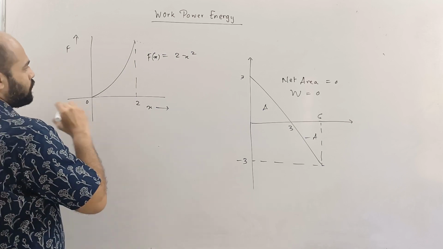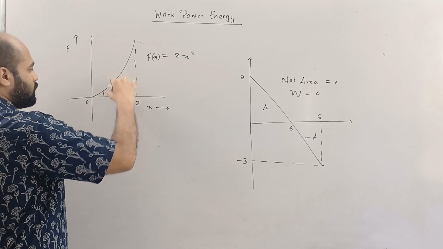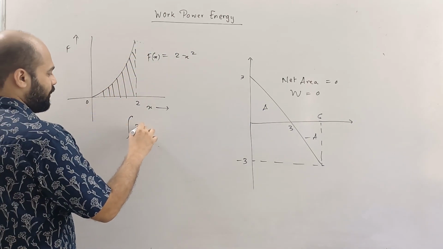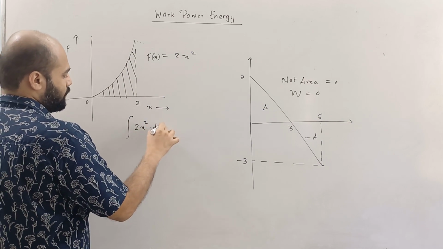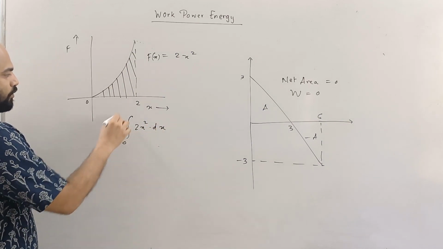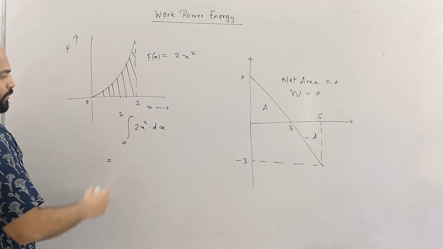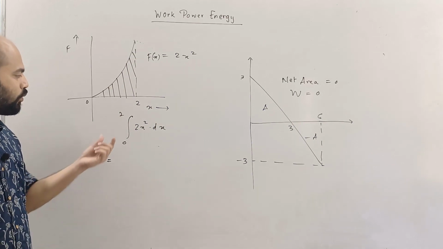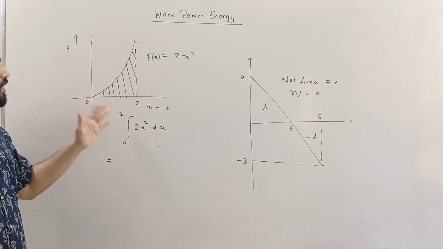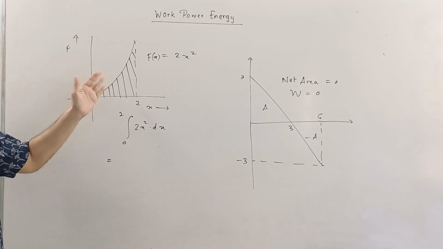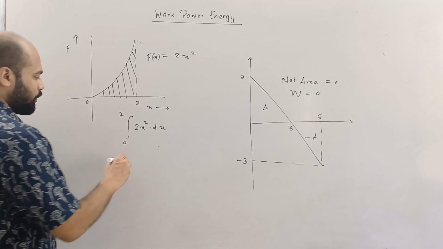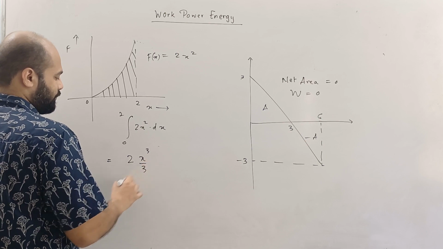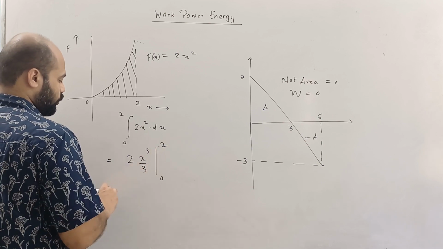Now I can just find this from our typical method, the integral of 2x squared dx, varying from 0 to 2. At the start of the concept, I told you that the integral of y dx is nothing but area. So if you have to get the area under this curve, all we have to do is integrate it to 2x cubed by 3 from 0 to 2.